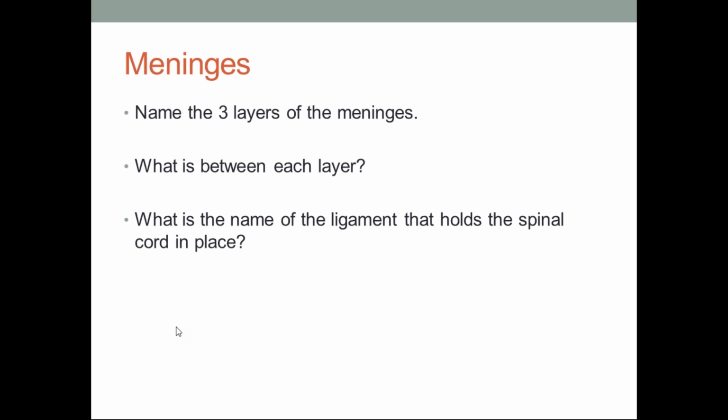So between the dura mater and the arachnoid, what's in there? Nope. That's in the subarachnoid space. So between the arachnoid and the pia mater, you're correct, Angela, is the CSF.